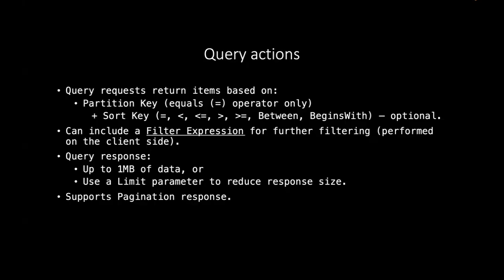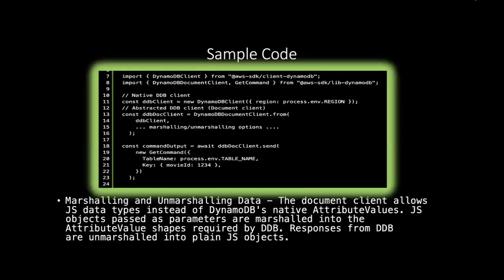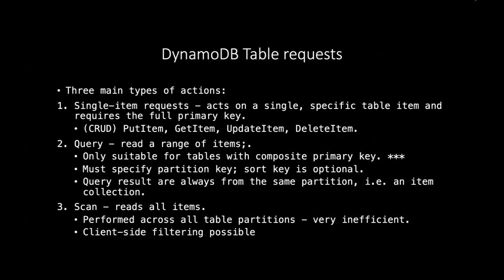I also said, where did I say it? Back here, that when we want to query a DynamoDB table, queries actually only work with tables that have composite primary keys.